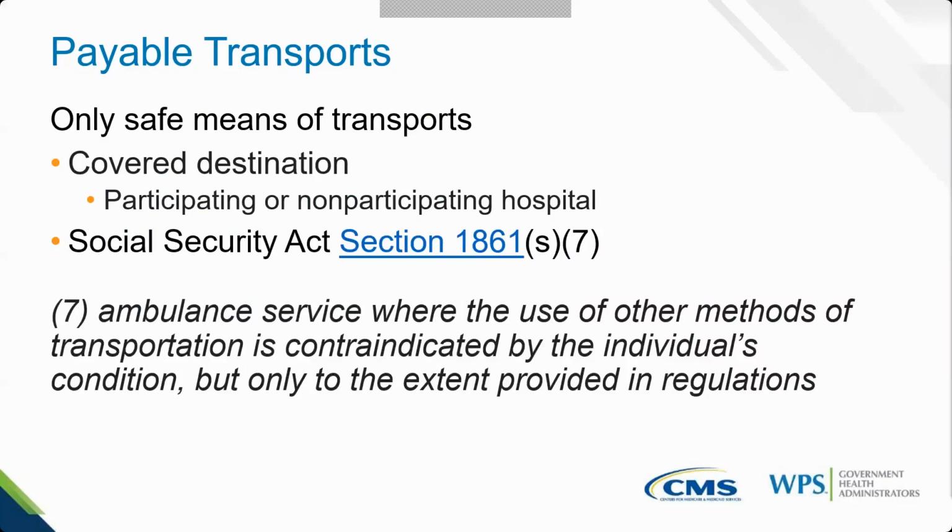Keep in mind, for the ambulance benefit, there is a section of the Social Security Act which spells out that it has to be the only safe means. The actual word they use is on this slide, and you can see it's contraindicated right here in the middle. This means that if this service is not medically necessary, it is the patient's responsibility because it is not a Medicare benefit. You cannot bill it back to the hospital, leaving or destination hospital.